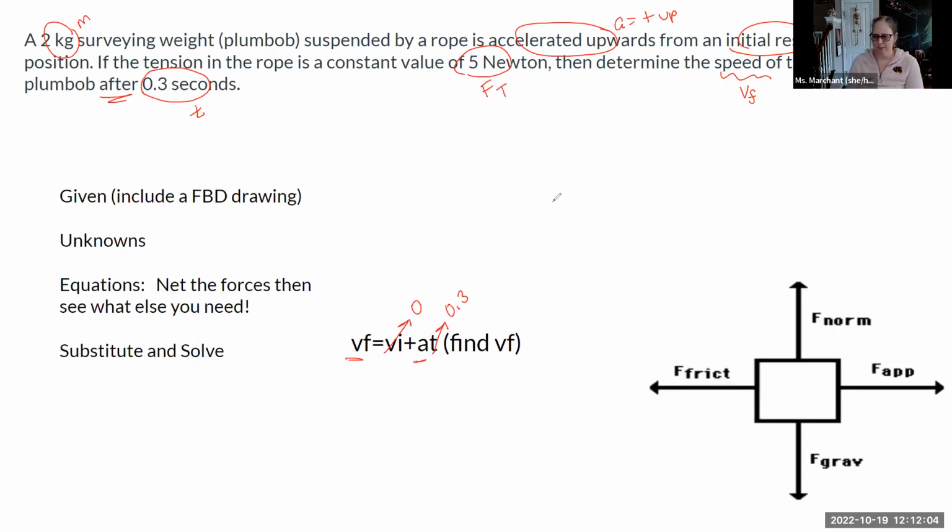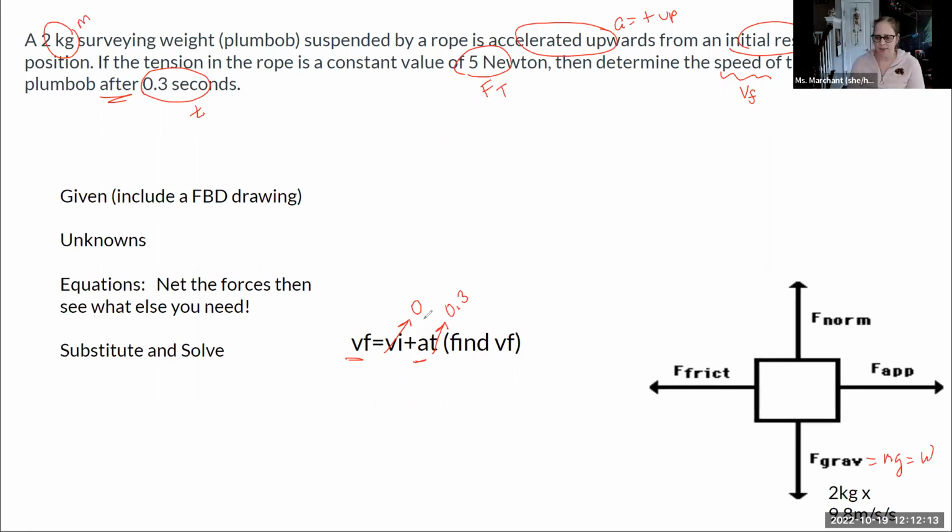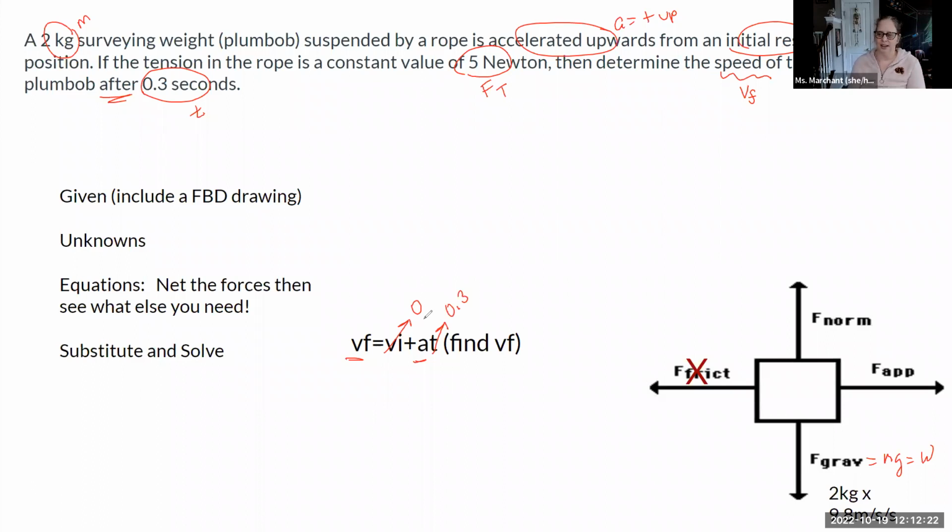What do I know from this? The force of gravity is 2 times 9.8, because the force of gravity is equal to the mass times gravity. That is the weight of the object. What else do I know? There is no force of friction because there's nothing going left or right. Force applied, we don't have one of those.